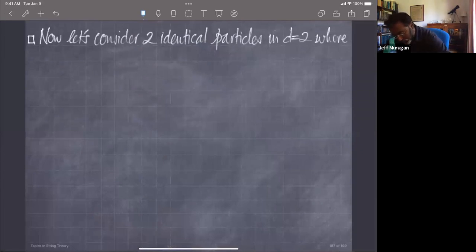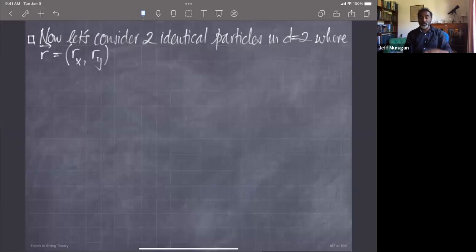Where now R, the position vector, has components in the x direction and y direction only. Again, we're going to go to relative position space. Again, the center of mass position is going to be irrelevant to this story.